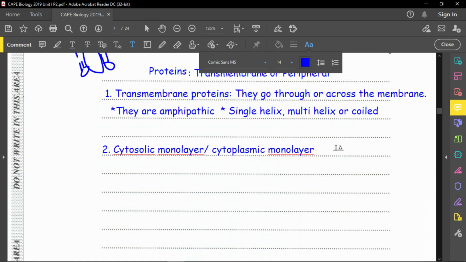Let me just make a note right here. These proteins are found only in the cytoplasm.